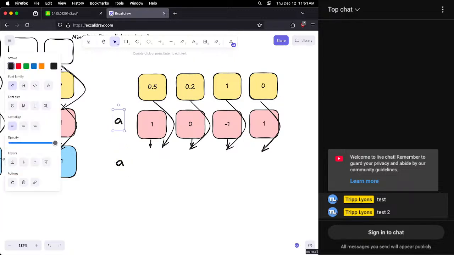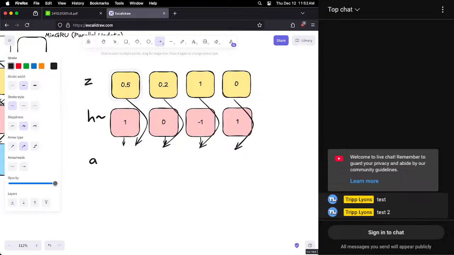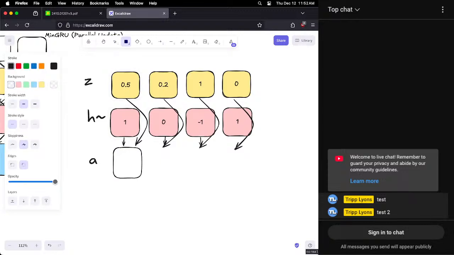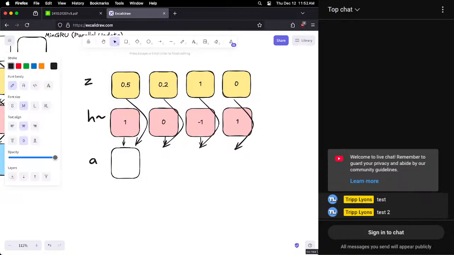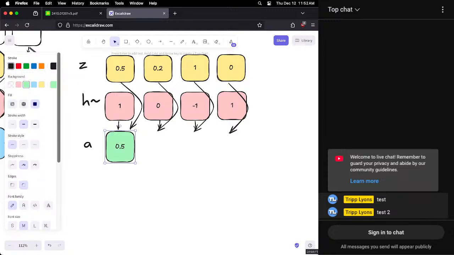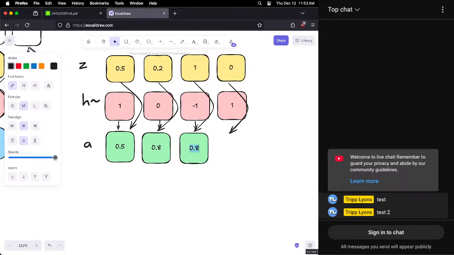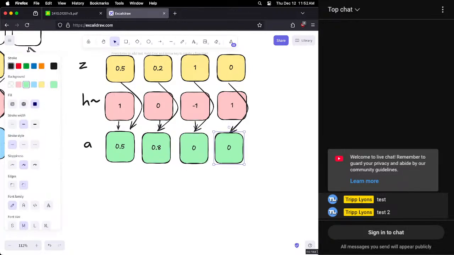So let's get A. We have A is going to be 1 minus Z. 0.5. Make A green. Wait, this is the 0.8. No, 0, 1.